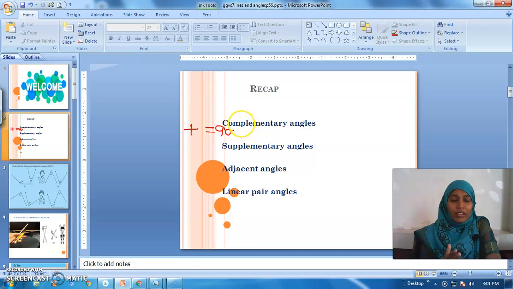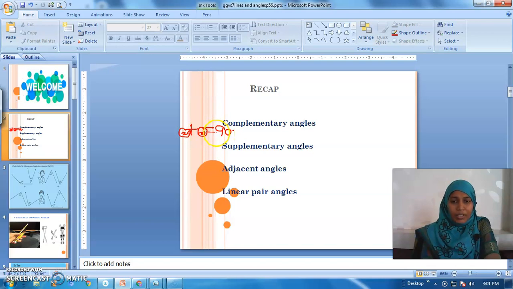They need not lie closer to each other. They do not have anything in common. They are two independent angles such that if I add them, for example 20 and 70, they should be equal to 90 degrees. Then they are called complementary angles.